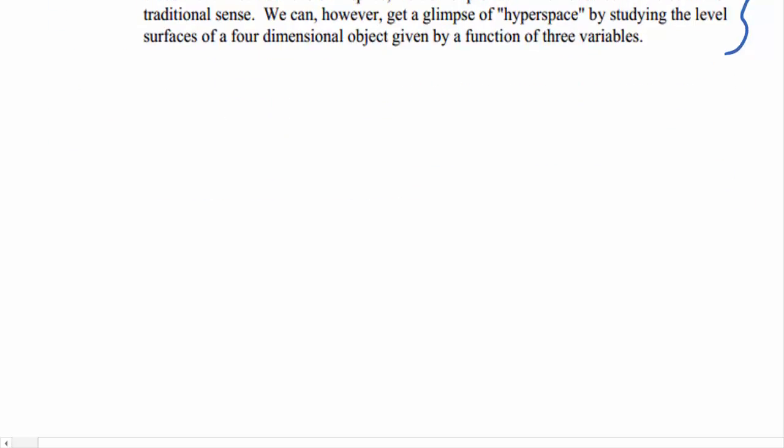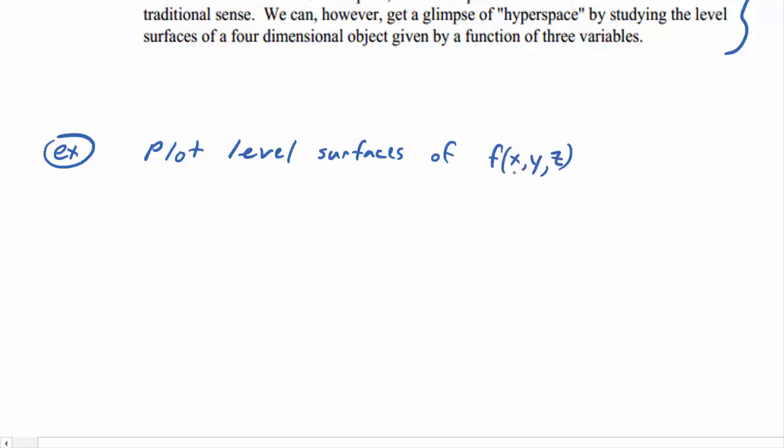Okay, in this example, let's plot the level surfaces of f of x, y, z equals x squared plus y squared plus z squared.